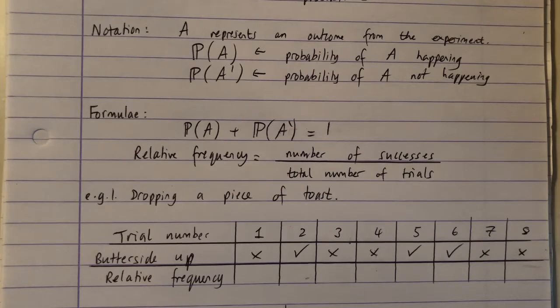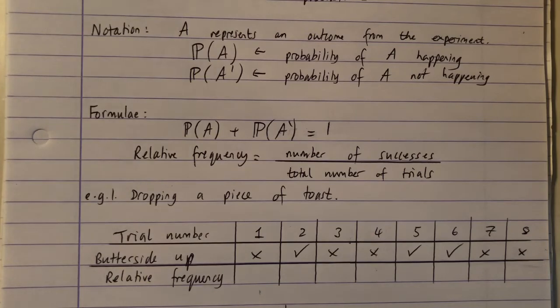So this person has done this trial 8 times, so dropped a piece of toast 8 times and recorded whether it landed butter side up or butter side down. Now you might want to think, okay, which one is it going to be more likely to land on? Is it going to be 50-50? Well, the answer is we don't know. That's why you have to do an experiment for it if you want to work it out.